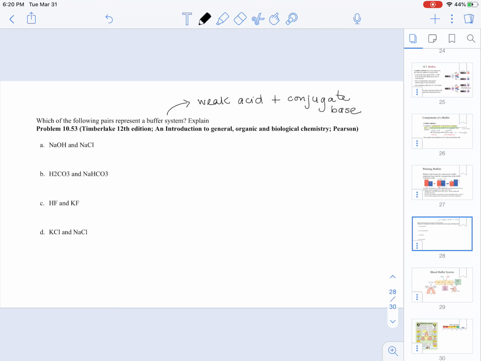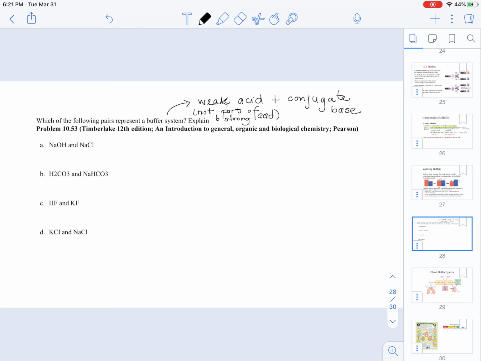The weak acids are not part of the 6 strong acids. So if you're not one of the strong acids, that means you are a weak acid.